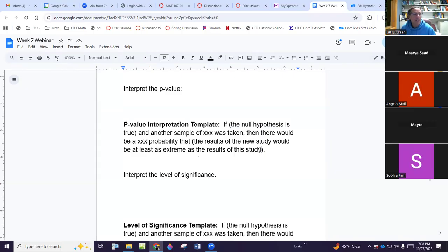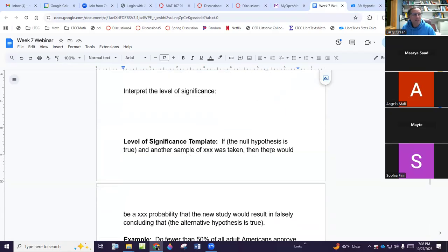But don't write this. Write what this means in terms of the study, whether it's about women drinking, or the pH of water, or Halloween, or whatever it might be. Any questions on the template?